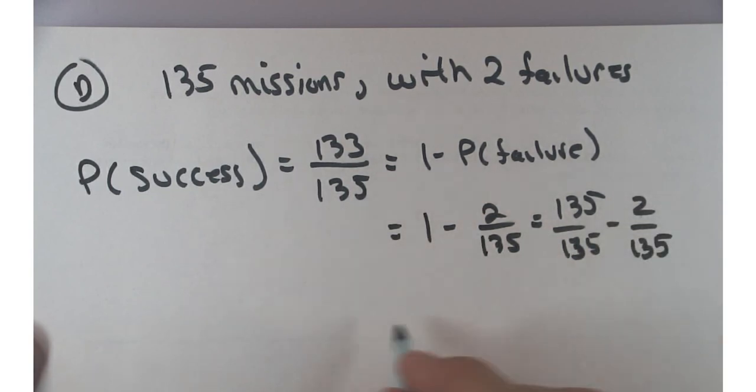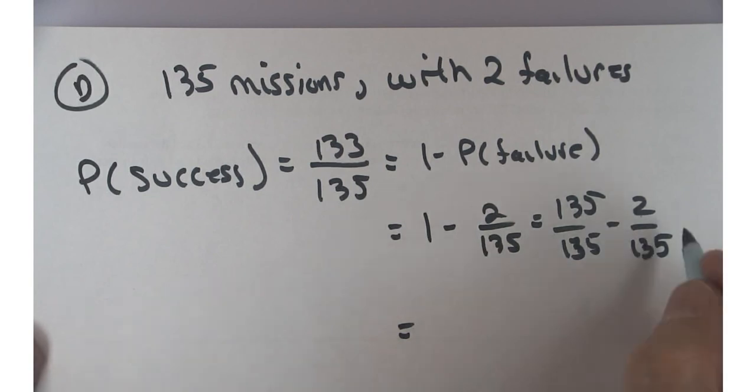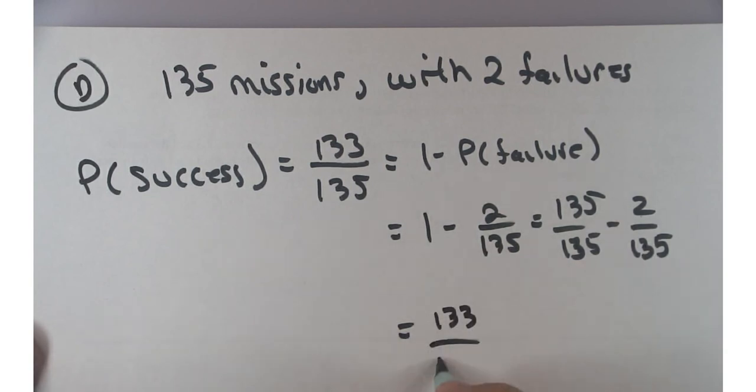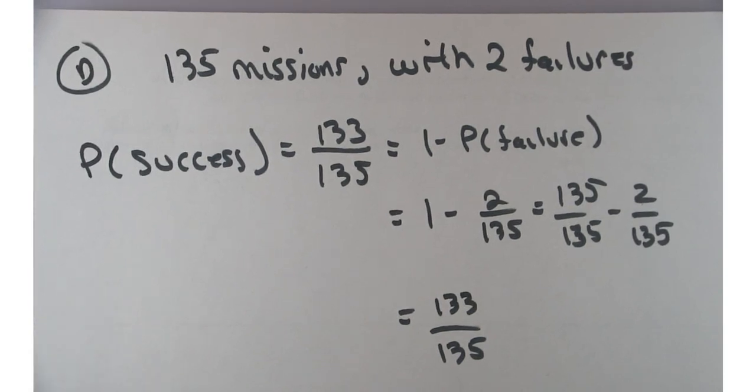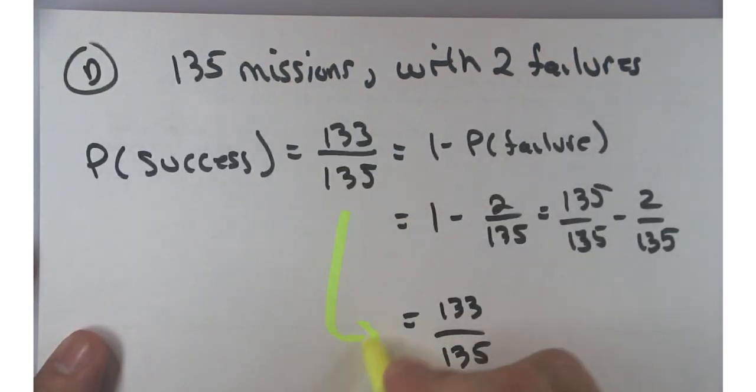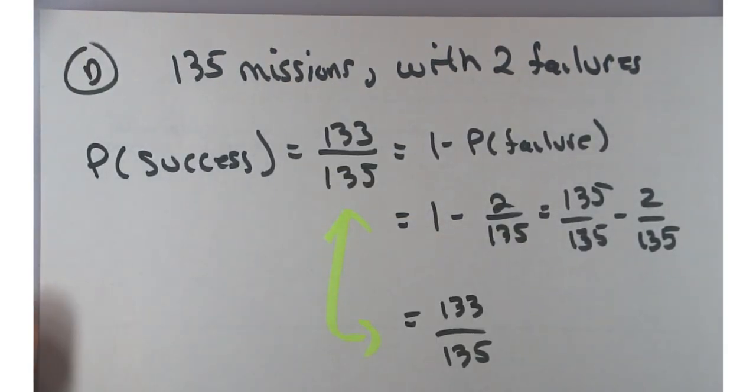Or in other words, we're getting the same thing again, 133 over 135. In this case, the complementation rule doesn't save you anything. If anything, it's a little bit more lengthy, but at least we're getting the same answers.